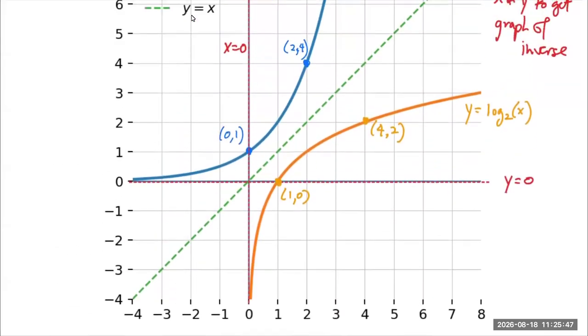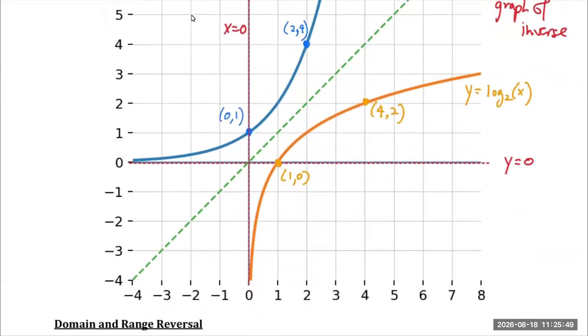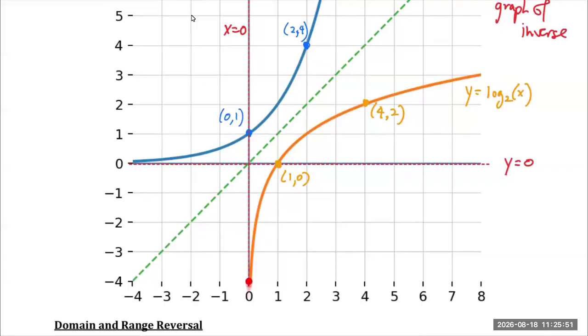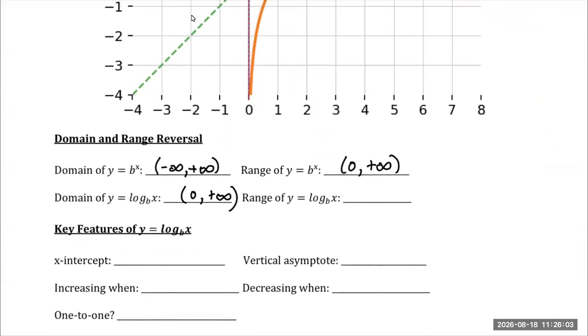If you look at the range of this logarithm, every single y value here is going to be hit. I know that this graph is growing very slowly, but it does continue to grow. It just grows extremely slowly. So the range of the logarithm is going to go from negative infinity to positive infinity.